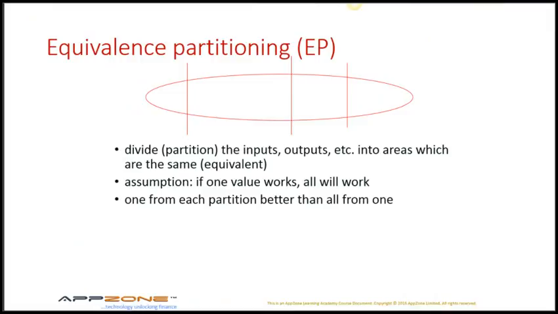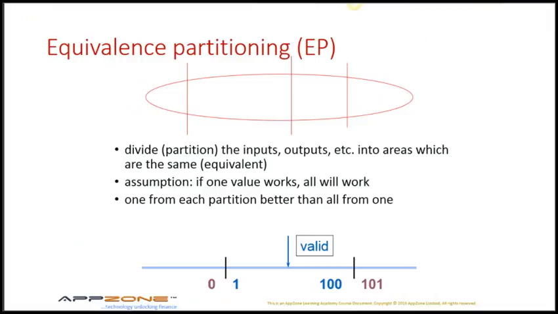One from each partition is better than all from one. So just like the diagram below here, you partition the entire input, so you test within a specific partition, and whatever result you are getting from that partition, it is expected that other partitions will follow suit.